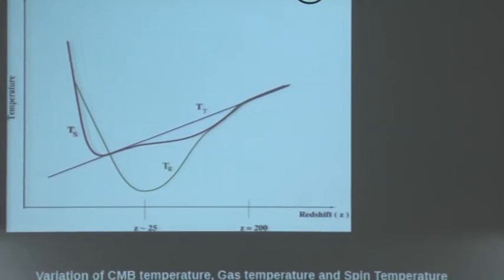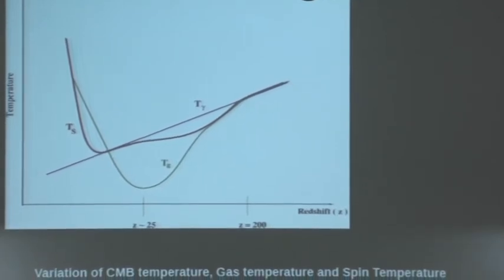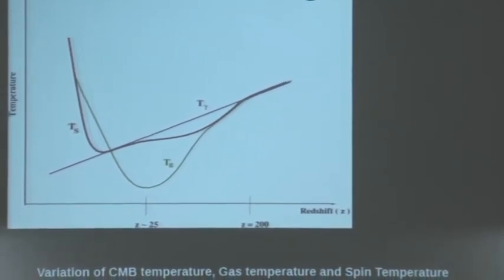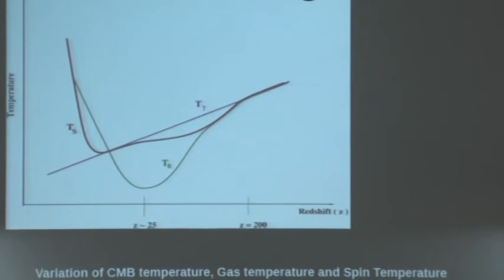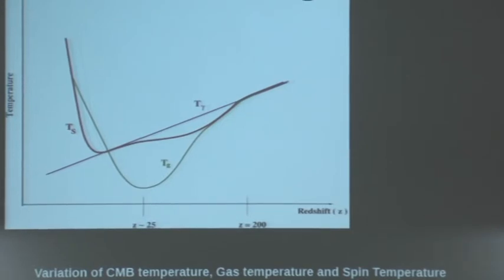Now, of course, at very high redshift beyond 200, 300, 400, near the decoupling era, there is collision between the remnant electrons. There are some remnant electrons which have survived recombination, so they are still there. And there is a collision process which keeps the gas temperature, the photon temperature, and the spin temperature at the same level.